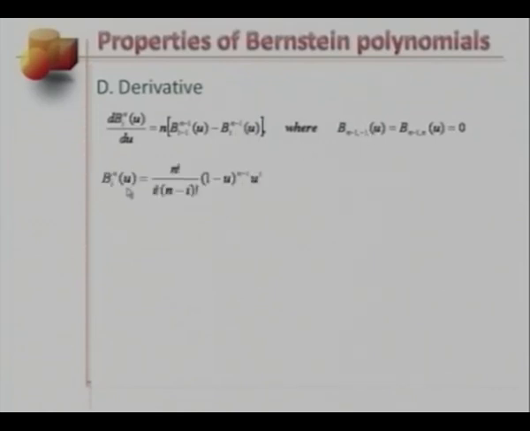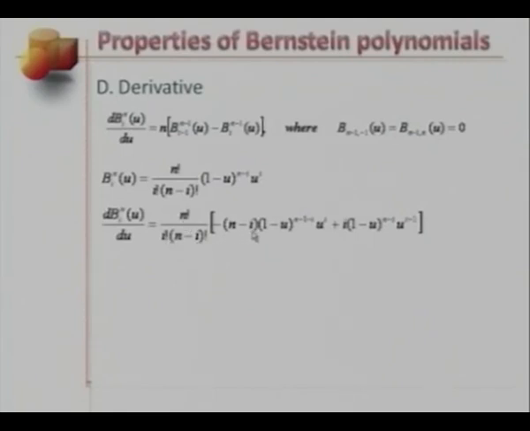We know what a Bernstein polynomial is of degree n. It is n factorial over i factorial (n minus i) factorial times (1 minus u) raised to n minus i times u raised to i. Differentiate this with respect to u to give n factorial over i factorial (n minus i) factorial.